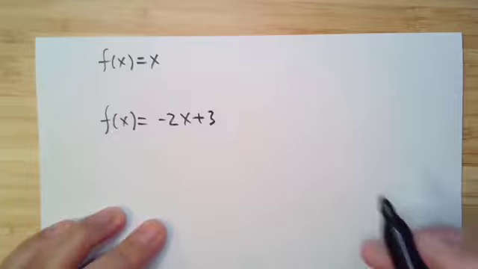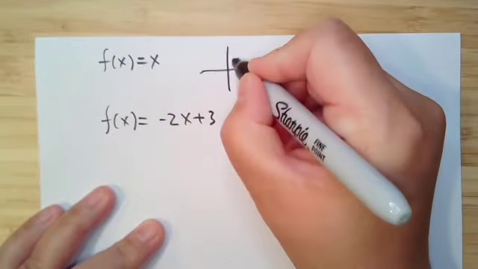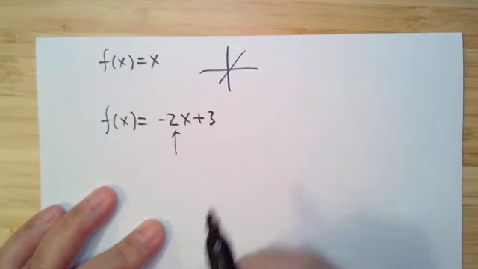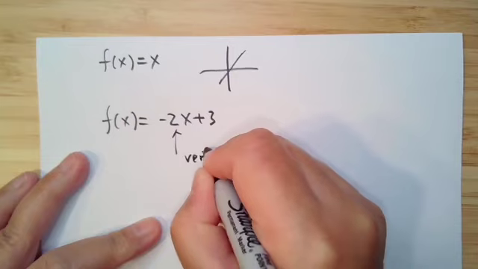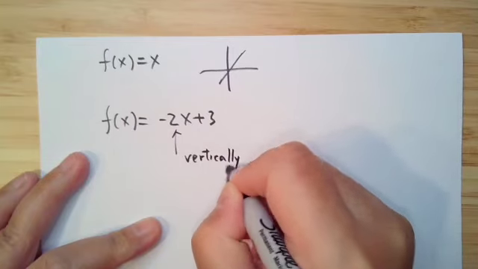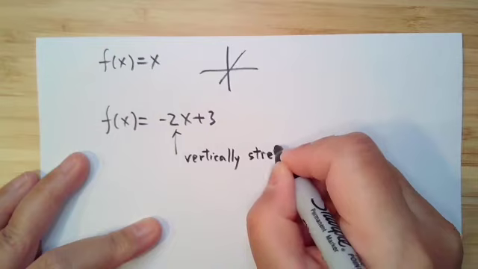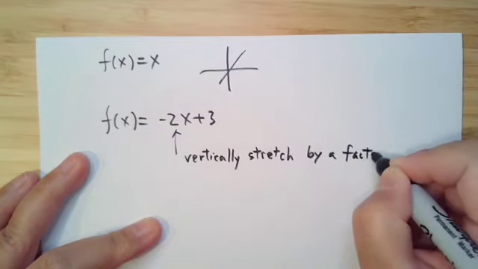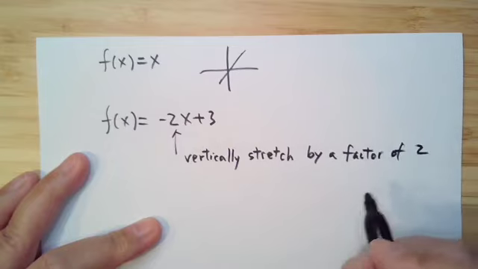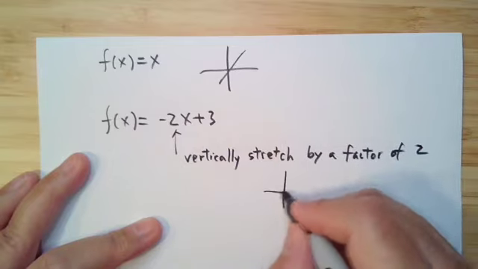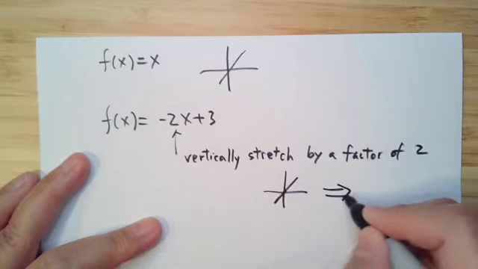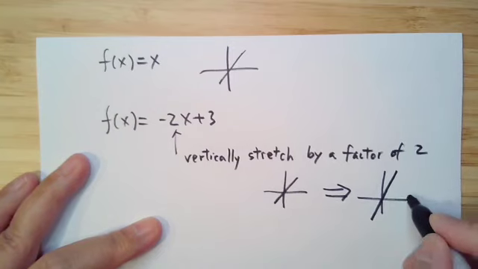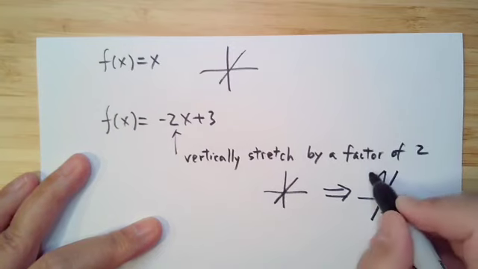If you have this graph, the 45-degree line, first thing is to vertically stretch by a factor of 2. So starting from the 45-degree line, you're going to do this, right? All right, so this is the 2.